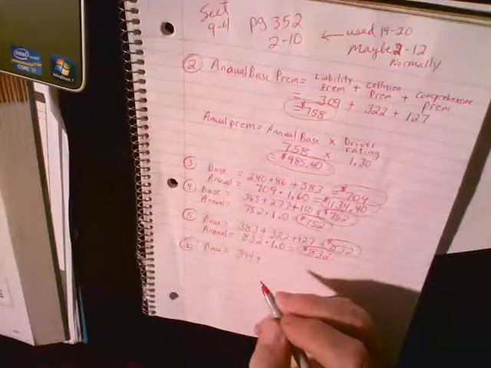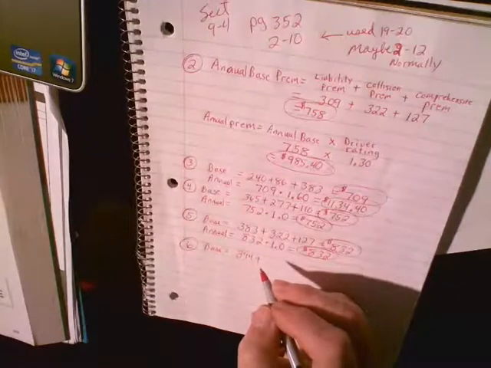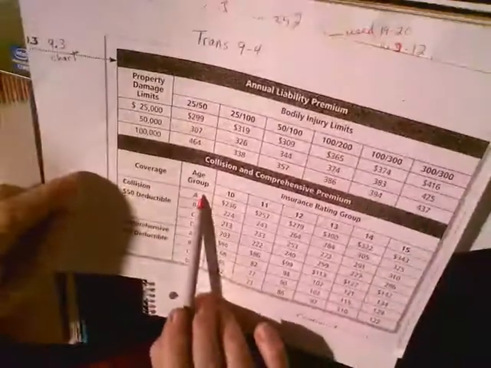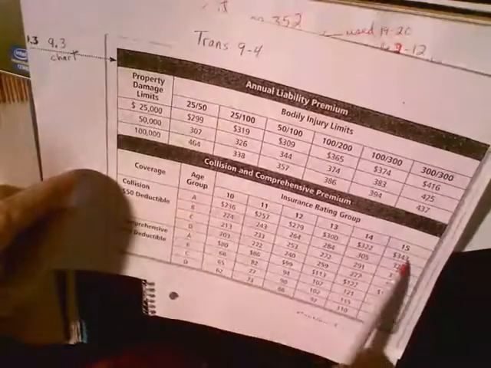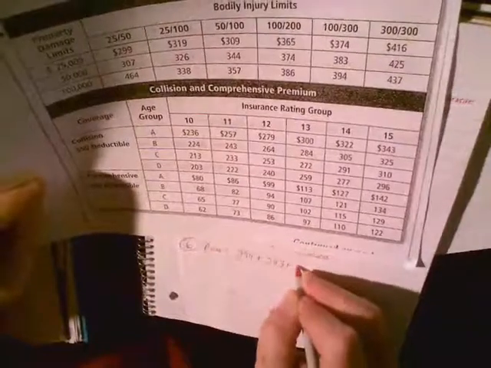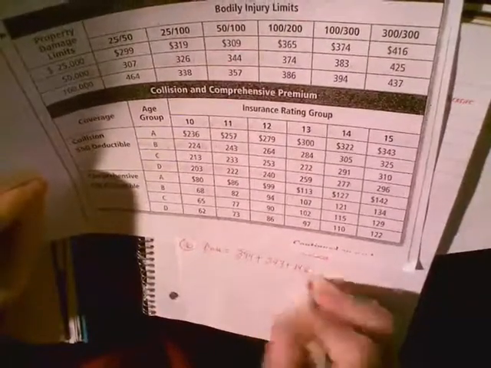Plus, his car is an A15. So A15: 343 for collision, 142 for comprehensive.